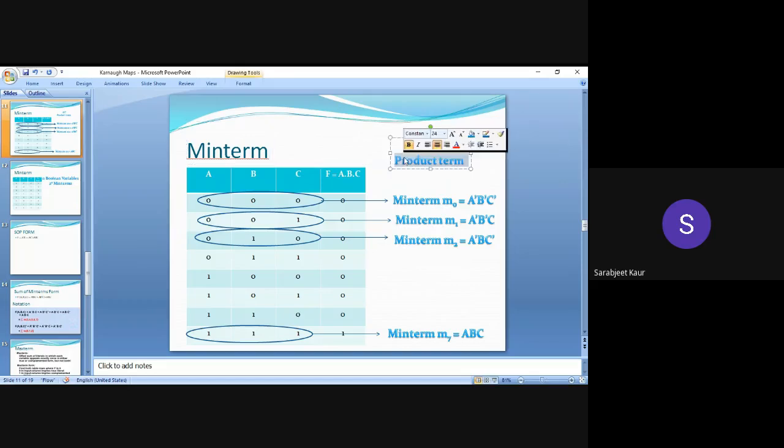The difference between a normal product term and a min term is that in a min term, all the literals must appear. For instance, if I have a Boolean expression f that is a 3 Boolean variable expression, then all the literals A, B, and C must appear in every min term.